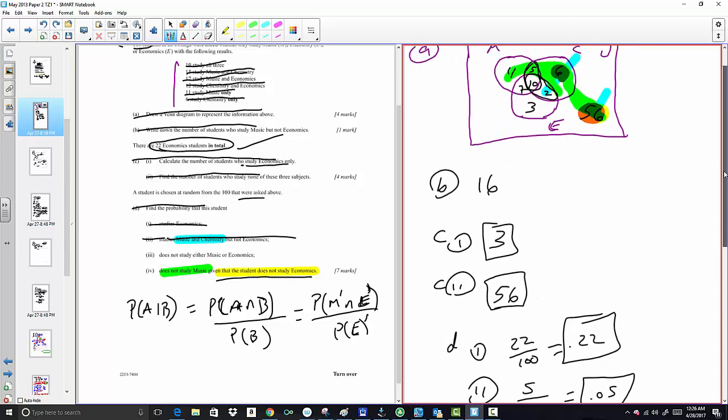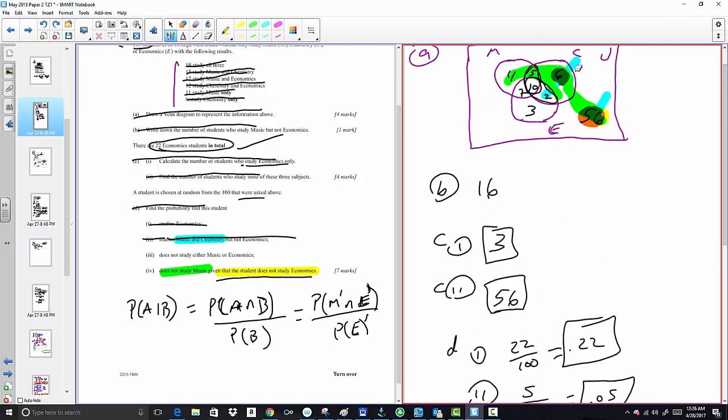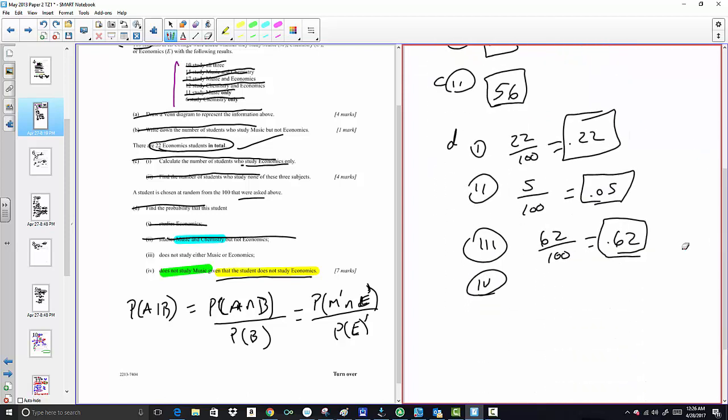So since we can count the green is 56 and 6, which is 62, and 5, 67, and 11 is 78. This is only going to be the 62, these two right here, out of the 78, if that makes any sense to you. So it'll be 62 out of the 78.